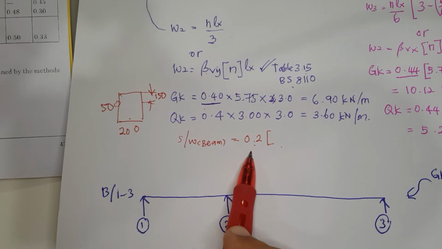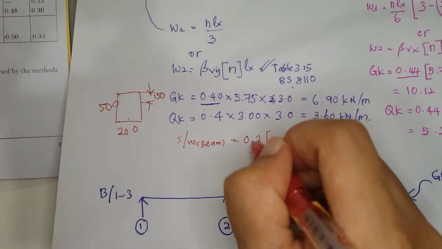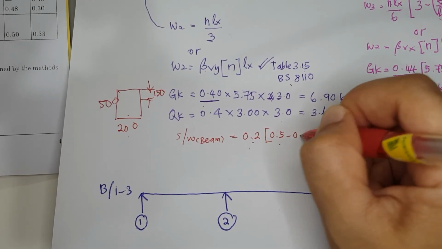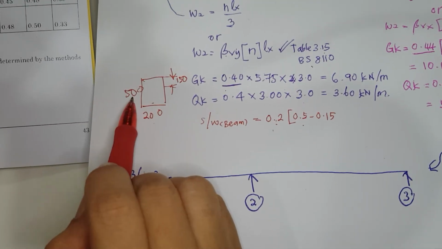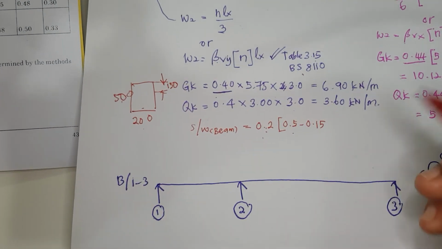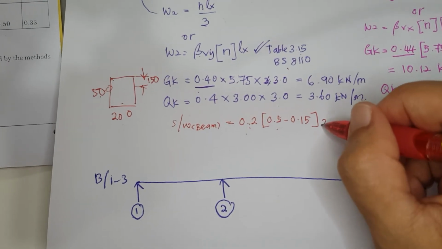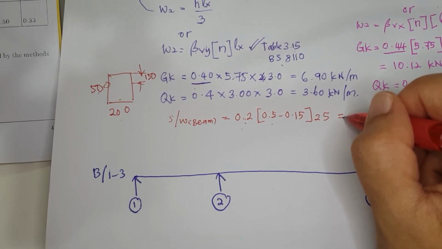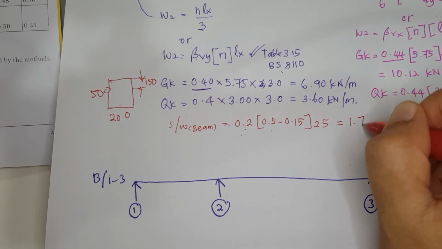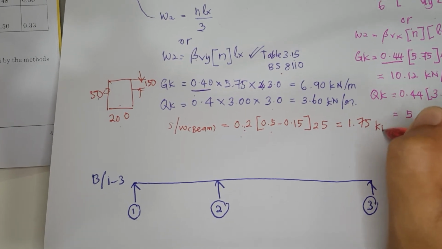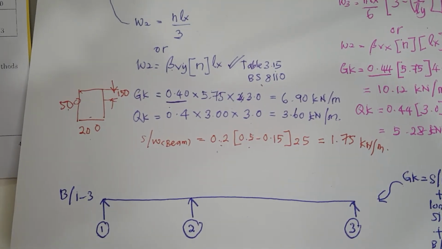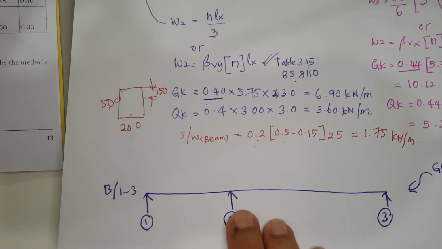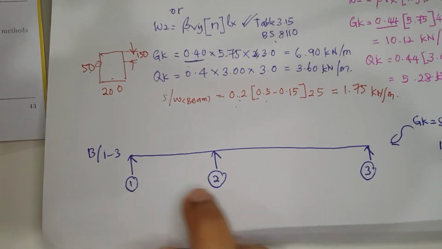So here is B, and for depth, we need to minus, 500 minus 150. Multiply with the unit weight of concrete. So GK beam self-weight is 1.75 kilonewton per meter. So we already have all data, so we need to total it on the beam.